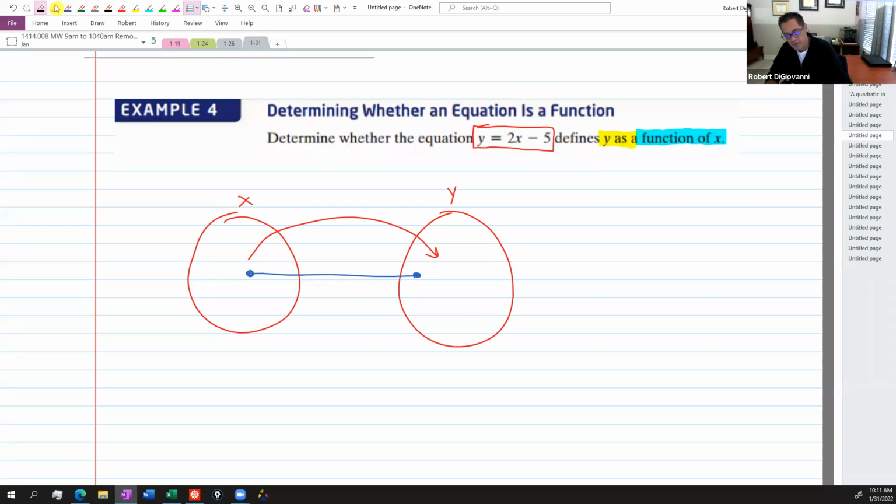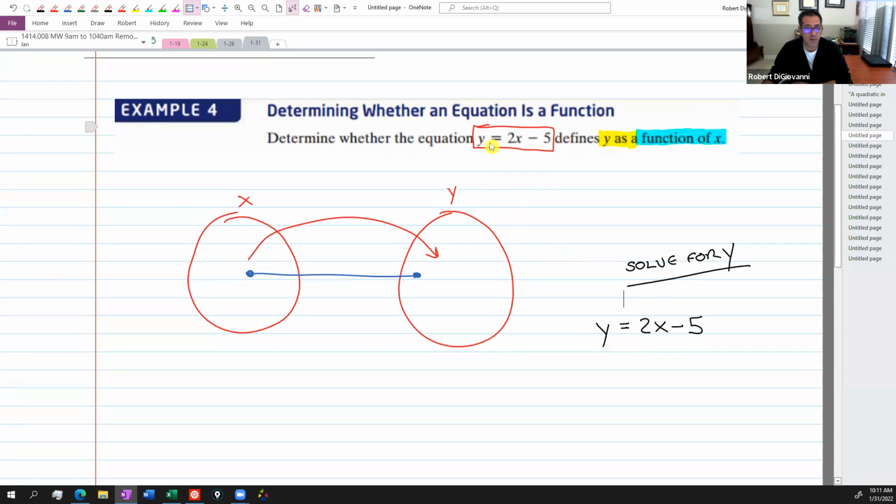So the way we do this is very simple. All we do is we take the equation and we solve the equation for Y. Now, it's already solved for Y, isn't it?